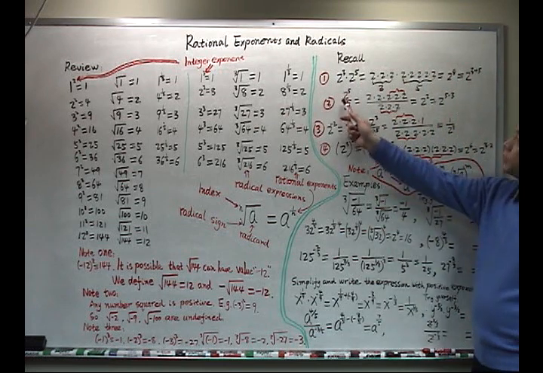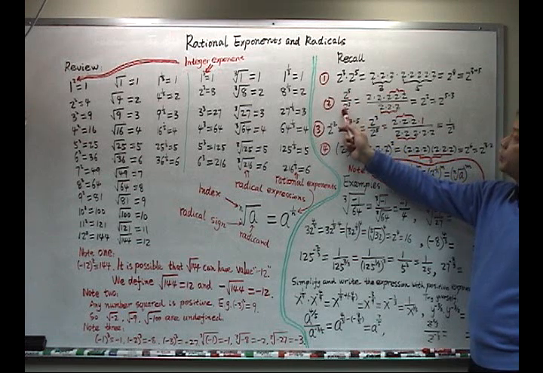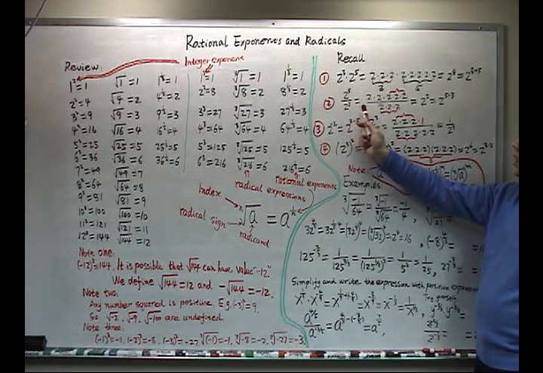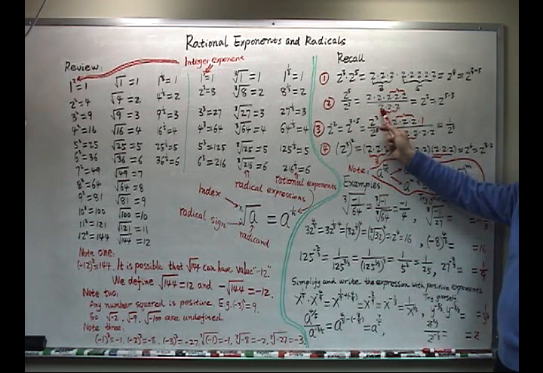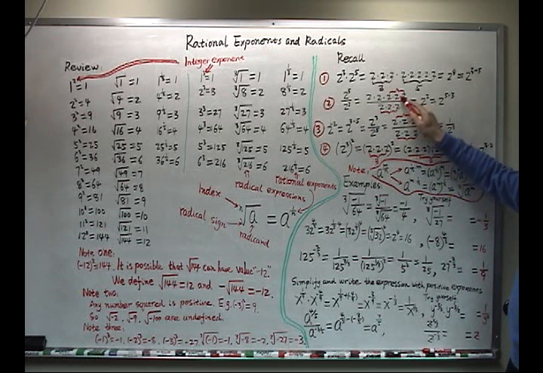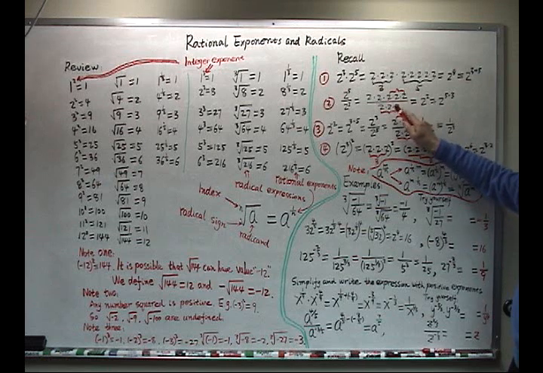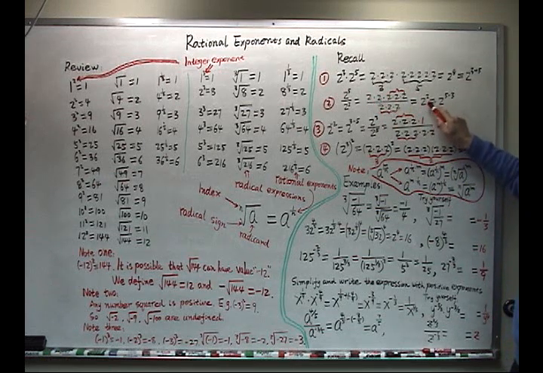Now, 2 to the 5th over 2 cubed: upstairs it has 5 2's, downstairs it has 3 2's. Upstairs and downstairs you can cancel 3 2's. So eventually you have 2 times 2, which is 2 squared.